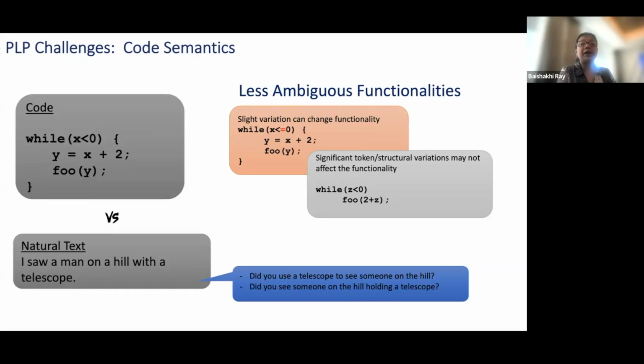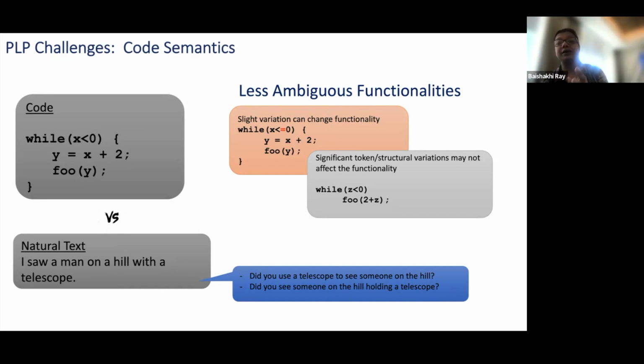In contrast, code has very structured and very constrained semantic meaning, right? If in this while loop we are talking about, we slightly change the meaning, if the less than sign becomes less than or equal to, the semantics will change and the code can output very different results, right?